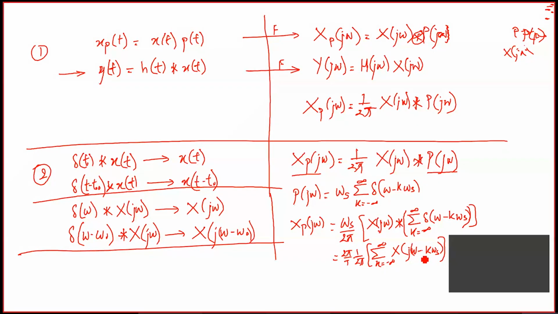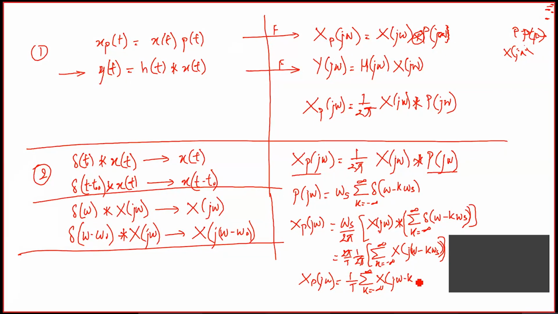So the end result is that your X_p(jω) is just 1 over T times the sum of shifted X(jω)s. So this is what we will end up getting.